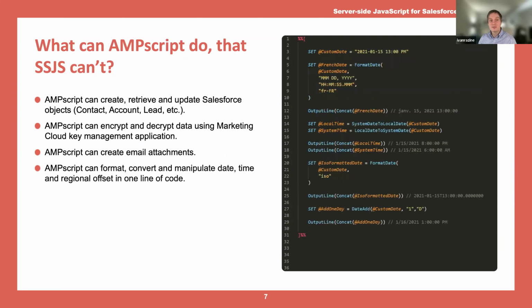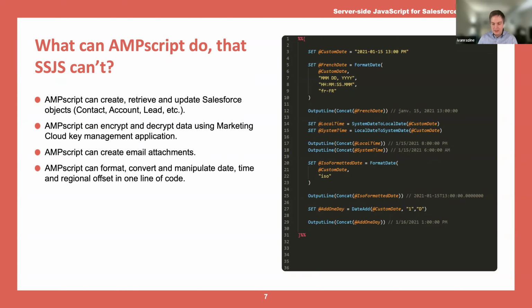Ampscript can format, convert, and manipulate date, time, and regional offset in one line of code. So this is one of the parts that can be debatable. If you want to perform format, convert, or manipulate date operations in server-side JavaScript, it's going to be complicated. You'll have to do some math calculations and so on. Why?